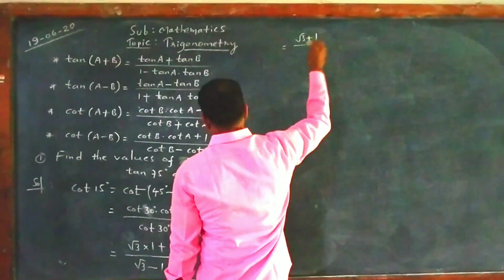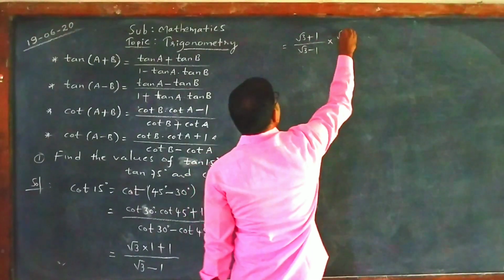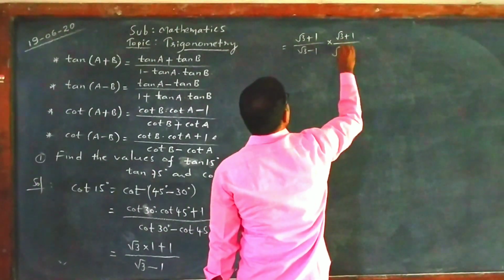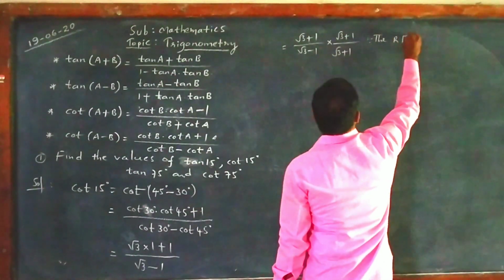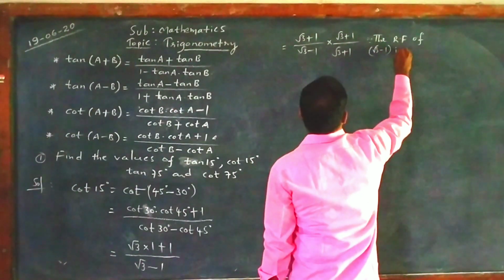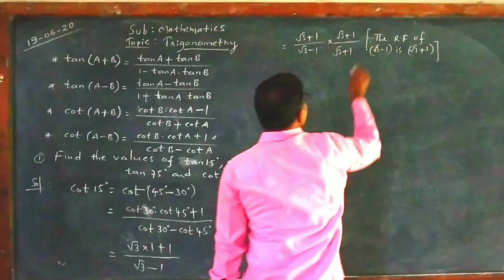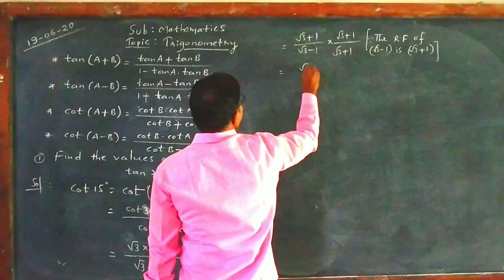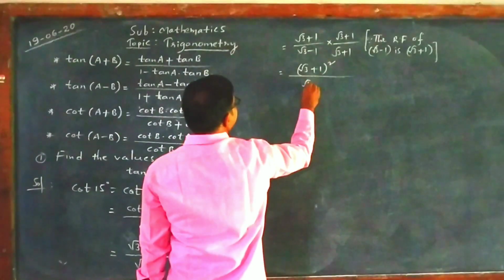Root 3 plus 1 by root 3 minus 1. Now RF again. Root 3 plus 1 by root 3 plus 1, since the RF of root 3 minus 1 is root 3 plus 1. Now the numerator looks like root 3 plus 1 whole square by a plus b into a minus b.